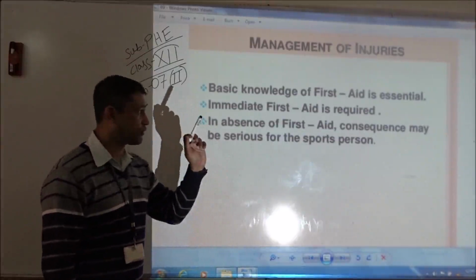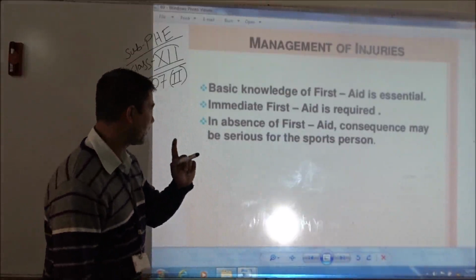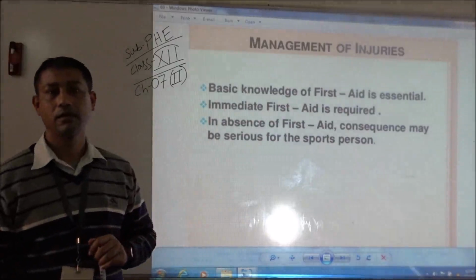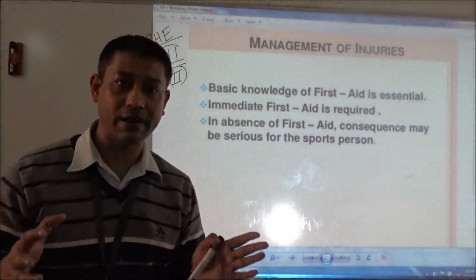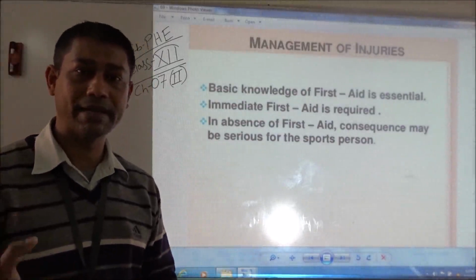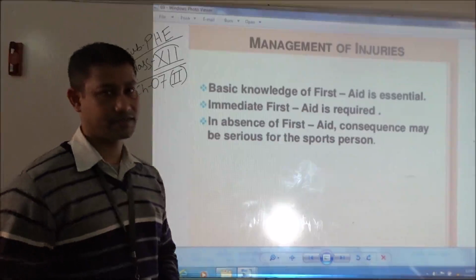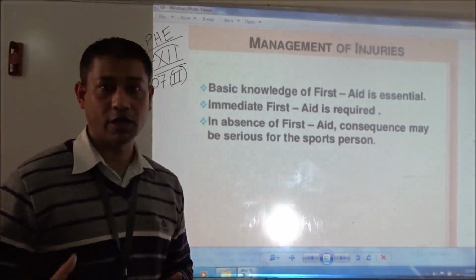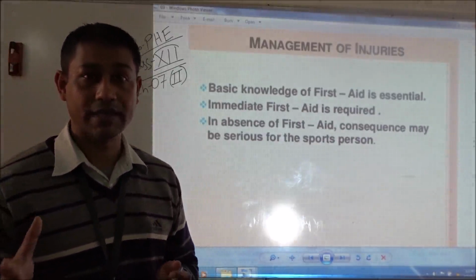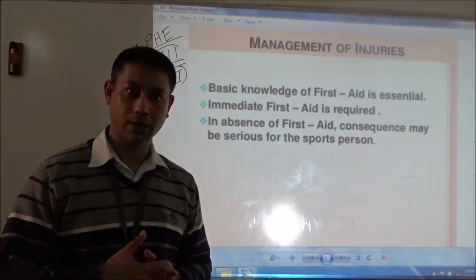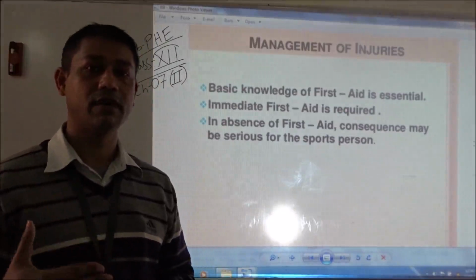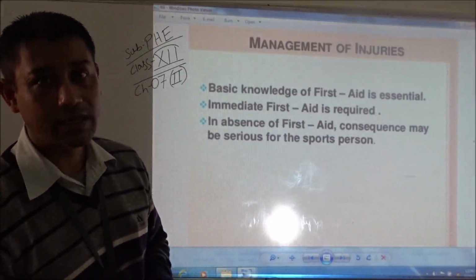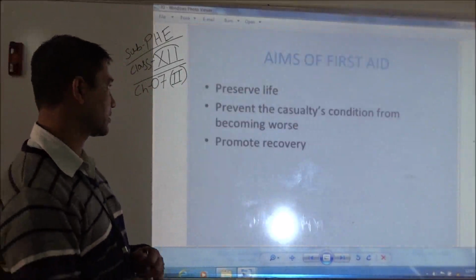In the absence of first aid, the consequences may be serious for sports persons, because medical experts are not present everywhere, every time. Keeping that in mind, the duty of the first aider is very, very important because they are the individuals who give first assistance to the affected sports persons.